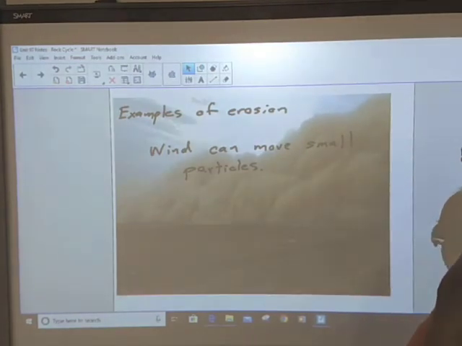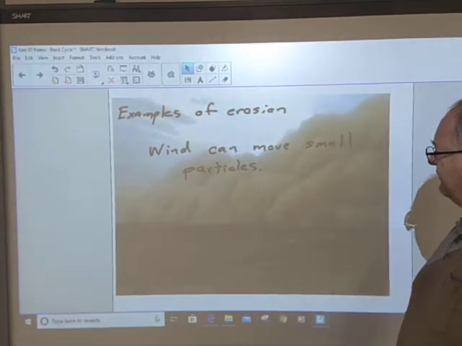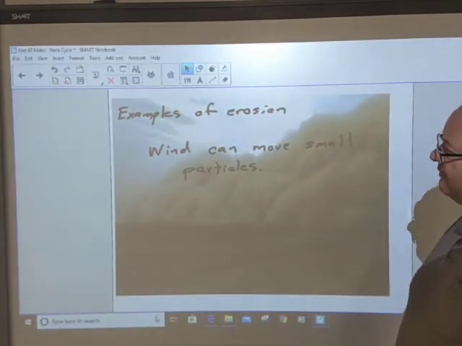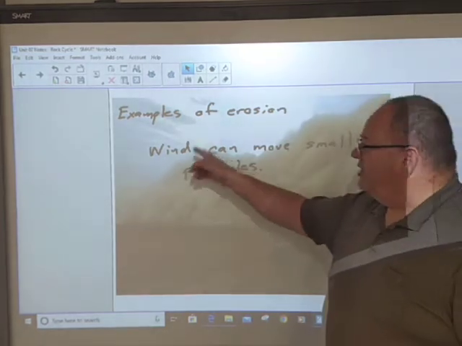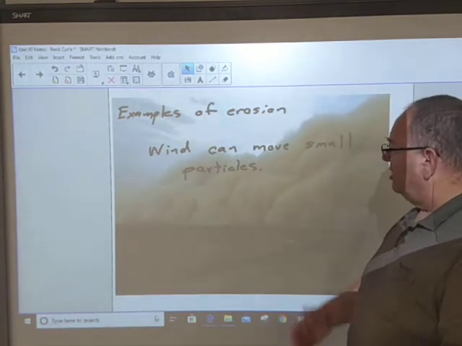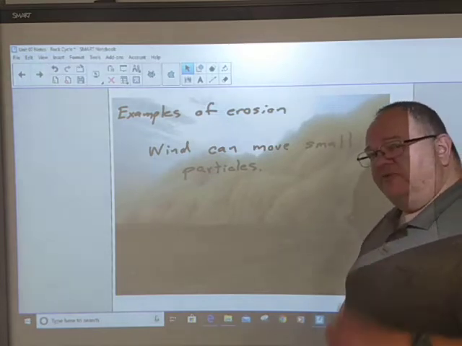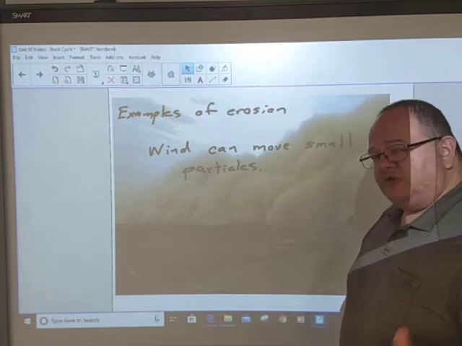Here's the sandstorm. You have this cloud of sand and dust in the background here. So wind is strong enough to sometimes pick up particles and move them around. Maybe some of you have been involved in ginseng farming or have helped somebody with ginseng farming.